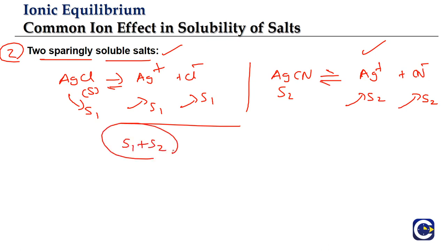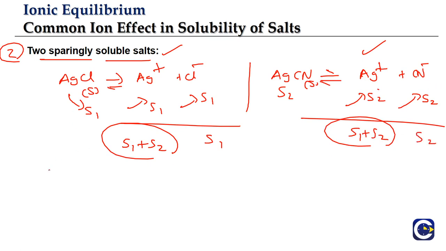Why S1 plus S2? Because Ag plus is coming from the dissolution of AgCl, and it is also coming from the dissolution of AgCN. So we have to add both the amounts, whereas the Cl minus concentration will be simply S1, and the cyanide ion concentration will be simply S2.